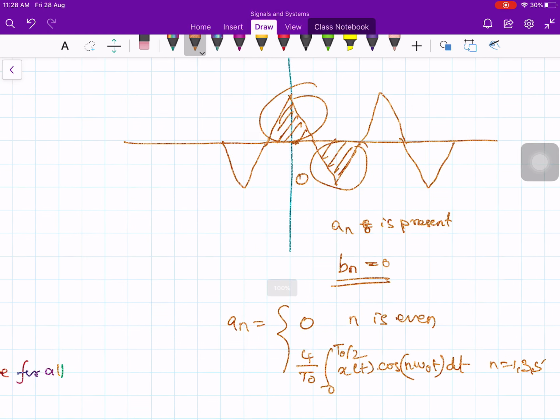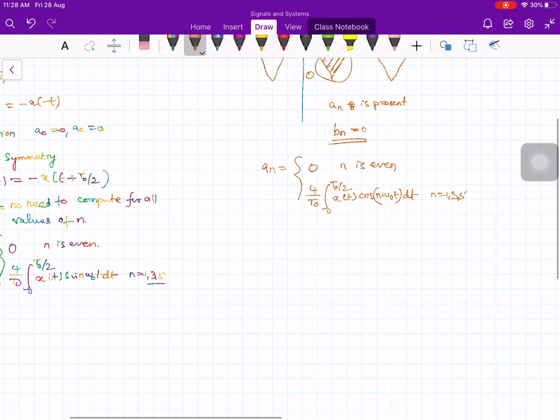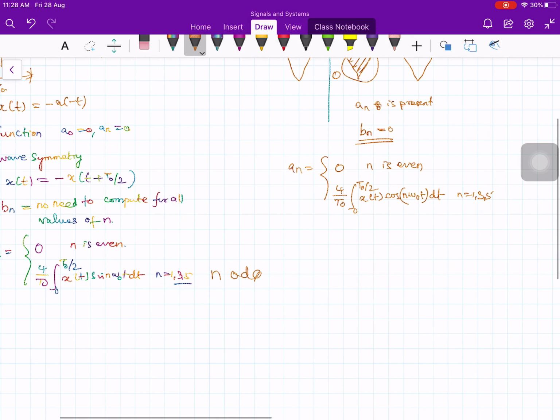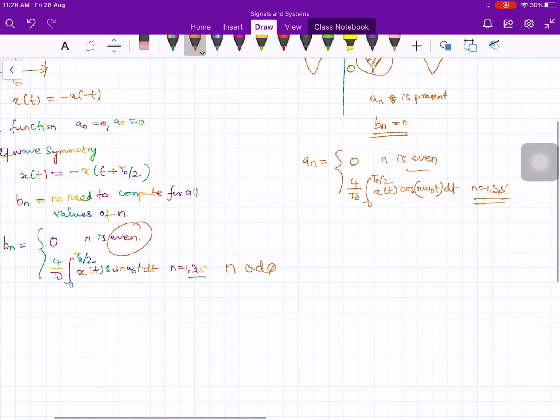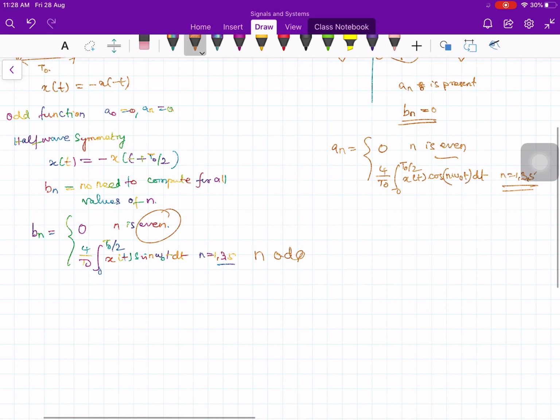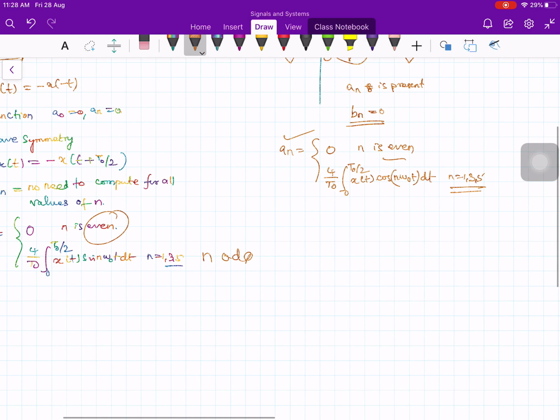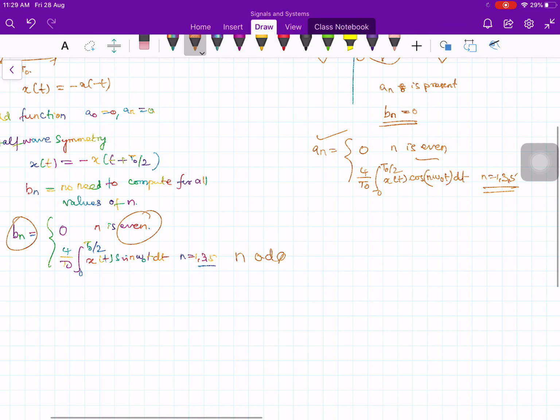If you compare this one and that one, you will come to know. Here n is odd, there it is odd. Okay, the terms are the same, n is 1, 3, 5, that's correct. But instead of bn, here I have an, that's it.